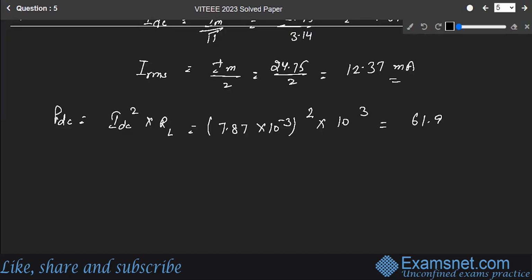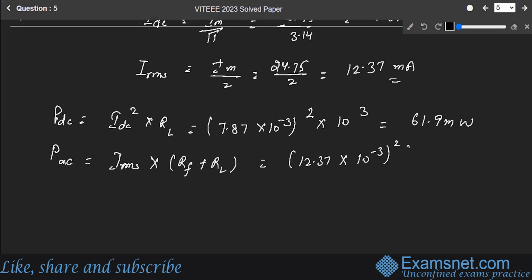This is equal to 61.9 milliwatt. And power of AC is IRMS square multiplied by RF plus RL. This is 12.37 into 10 power minus 3 square, multiplied by 10 plus 1000. And this on solving will give you 154.4 milliwatt.